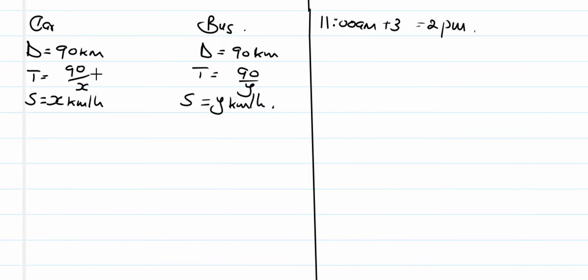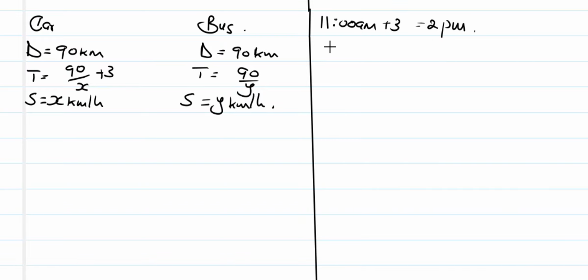So can I do the same here now? Meaning, if I add 3 hours here, then this time will be equal to this time, because the time the car took to arrive at the destination was 90/x, but when I add 3 hours, it's like if the car arrived at 11 a.m., then I add 3 hours, I get the time the bus will arrive, which is 2 p.m. So if I take 90/x plus 3 hours, I'll get this time for the bus.